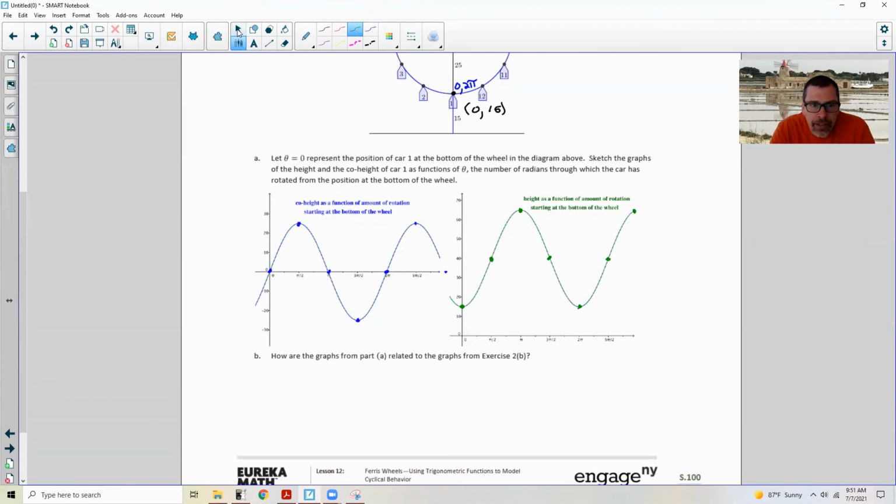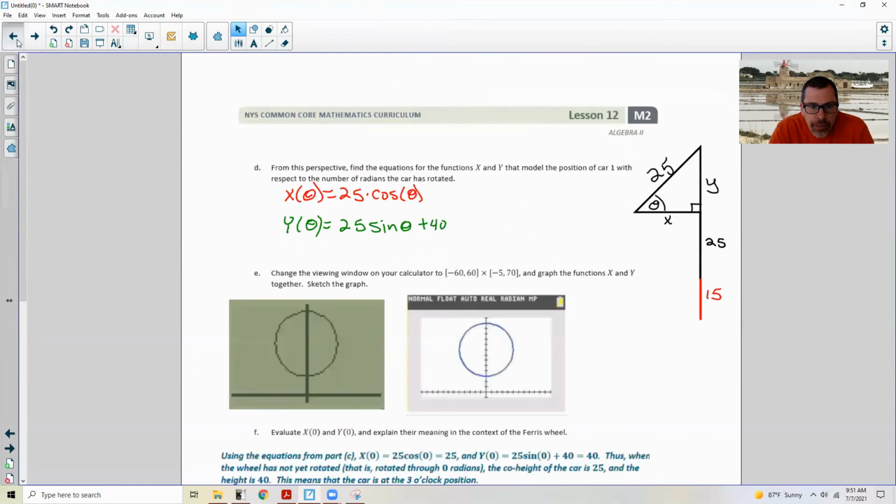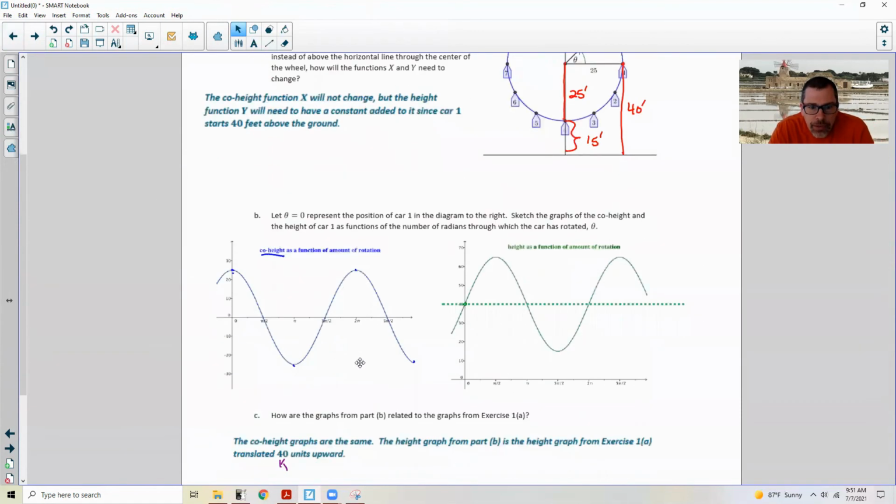Part B says, how are the graphs from part A related to the graphs from exercise 2B? So here's part A. Let's go back to 2B. Here's 2B. So the cosine got shifted to the, well, let's see.